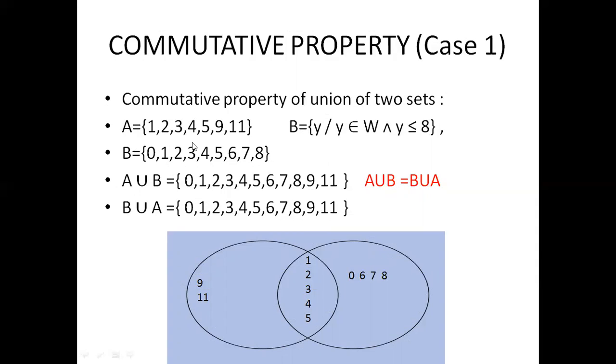Now, set A and set B have common elements, and also set A and set B have different elements. So the diagram will be called overlapping sets. Here, we will write the common elements in the middle, and A towards the left and B towards the right. Remember, if you write B here and then A here, it doesn't make any difference.